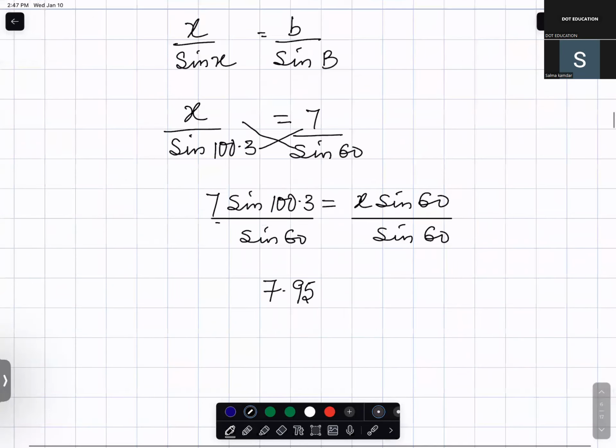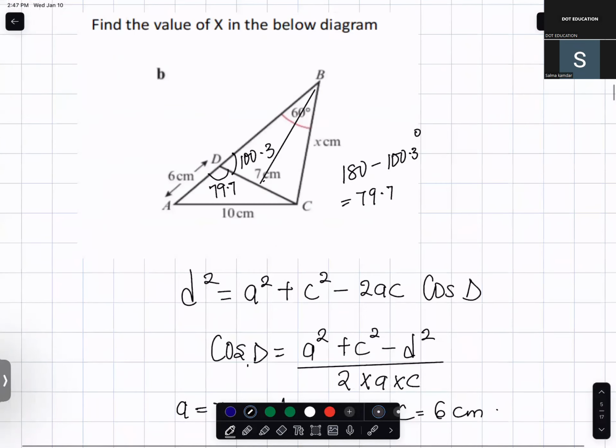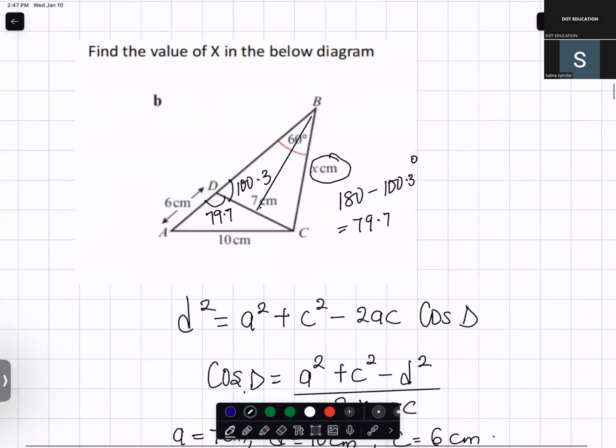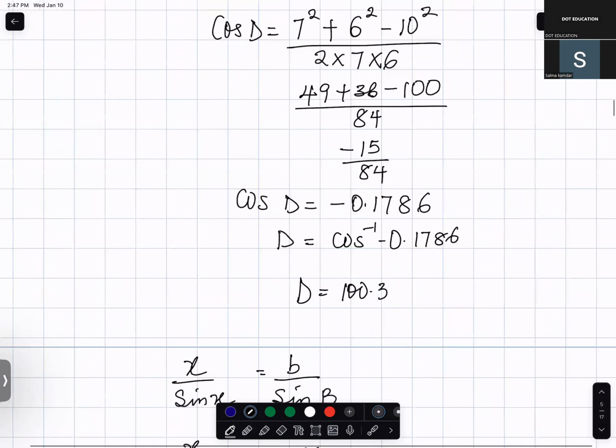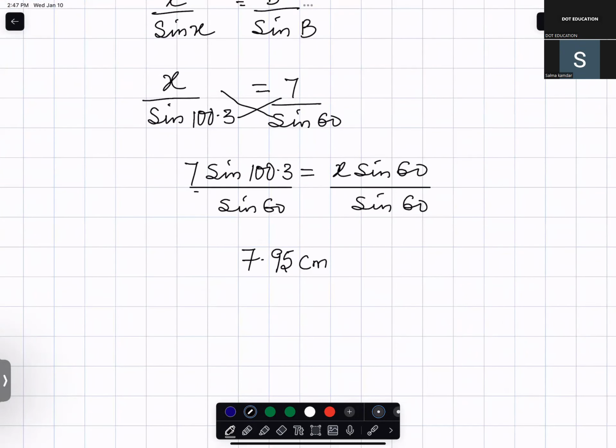So that is the value for x. So our x is 7.95 cm.